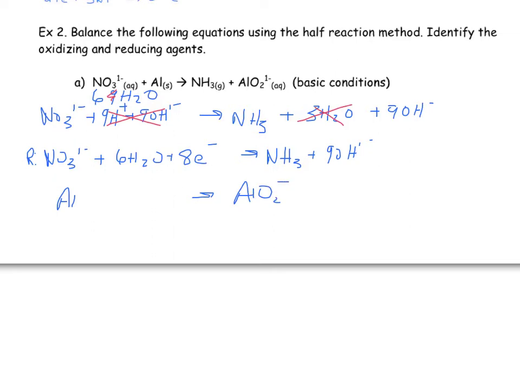I'll need to add 2 waters onto the left side and 4 H pluses onto the right side. Now, I'll add 4 OH's onto both sides to go to basic conditions. And I'll remove 2 waters that are spectating.